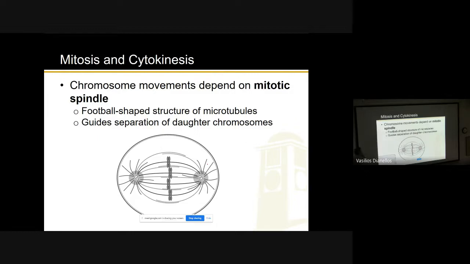Your book describes the mitotic spindle as a football-shaped structure of microtubules. And as far as you're concerned, microtubules are just things that are attached to the chromosomes. They do other things too, but in this class, we won't even talk about it. Microtubules are just things that attach to the chromosomes and move them along. You can almost think of them as ropes. As far as we're concerned, they are ropes. They're just ropes that attach to the chromosomes and move them around.